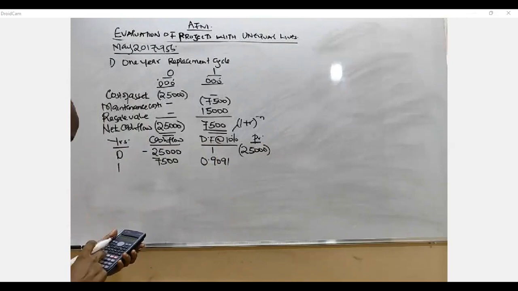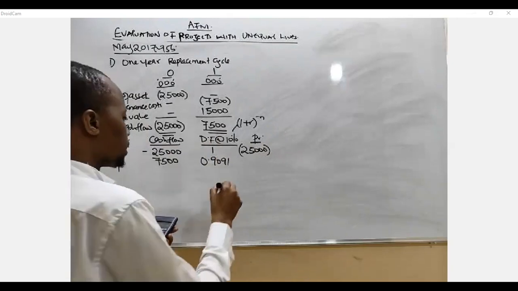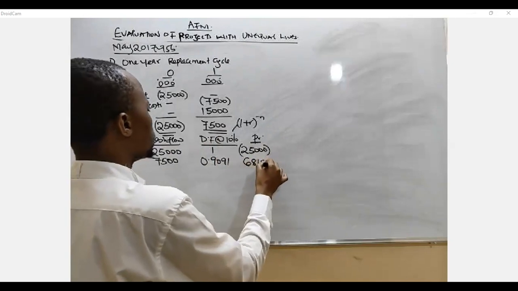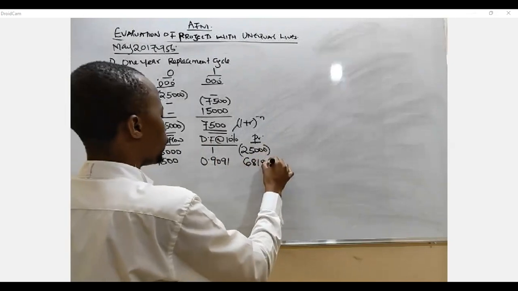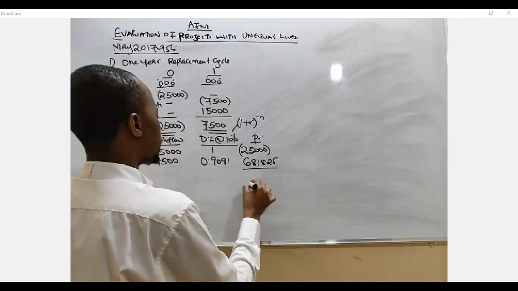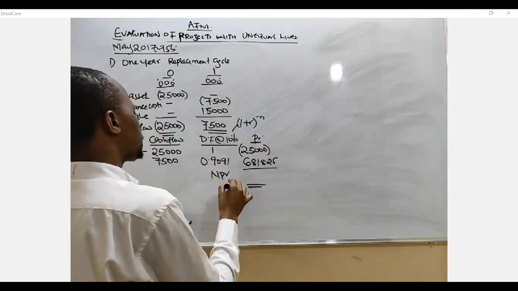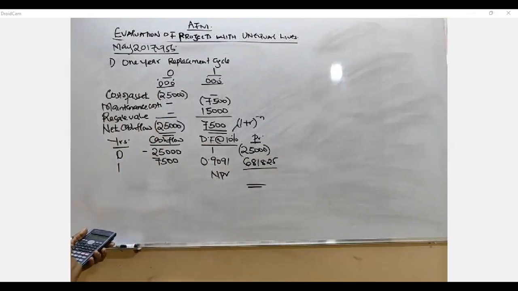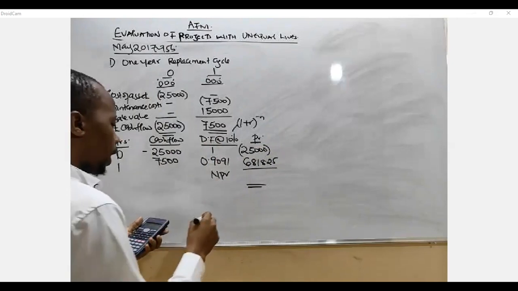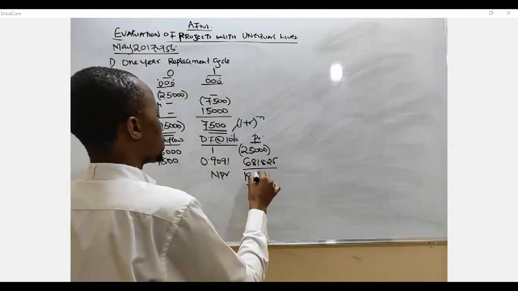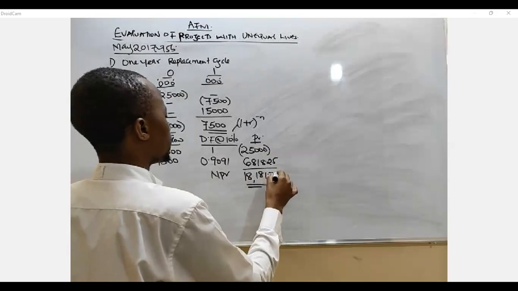Then you multiply that by 7,500. We are getting 6,818.25. What is your NPV here? Our NPV is 18,181.5. This is negative. Is it negative? It is.